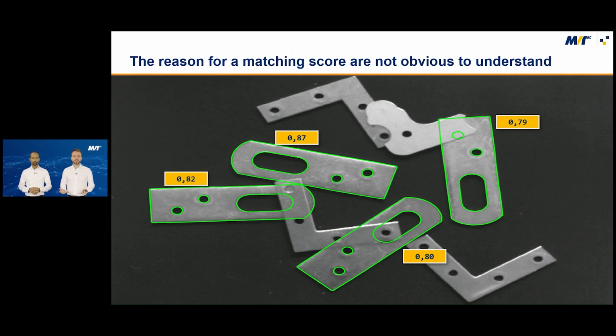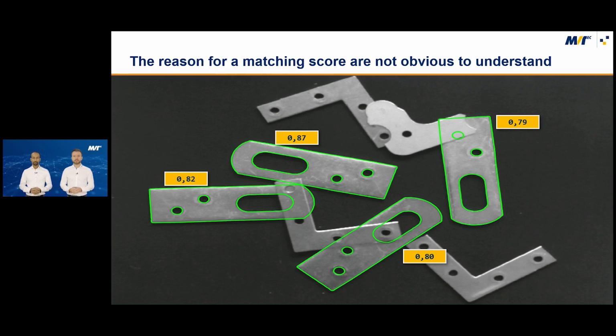For a beginner, it's not obvious to understand why we get different scores for the same template, but everything is green. As an expert, you most likely know that here some edges of the template couldn't be found. The reason, as we can see on the image, is that some parts are hidden or behind other parts, and for this reason these edges couldn't be found. An expert might see it directly. For a beginner, it's really difficult.